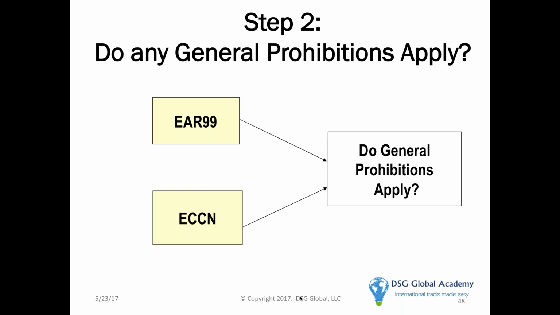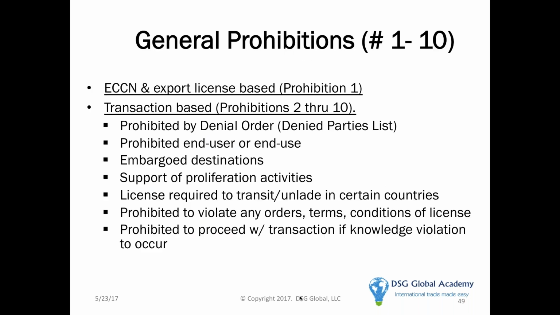The second step, whether or not you have an ECCN, if you don't, then it's EAR99, as I said. Whether it's EAR99 or you have an ECCN, you cannot ship if any of the general prohibitions apply, which means the person you're shipping to is on the denied parties list, or it's a prohibited end user, or it's an embargoed destination, such as Syria, Iran, Crimea, which was overtaken by Russia.